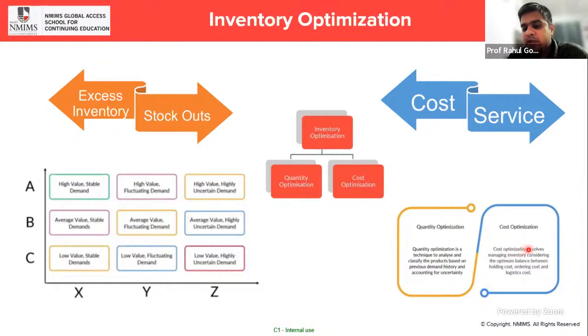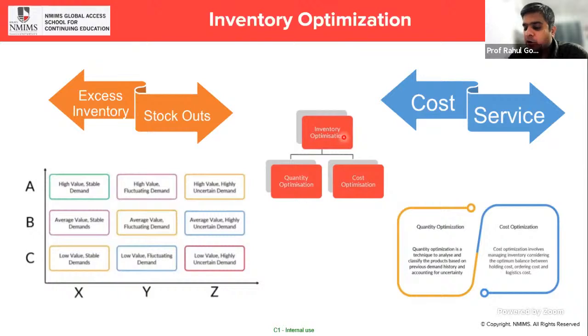Cost optimization takes into account the cost element. Quantity optimization will only take into account your demand and supply variability and the service factor involved, and cost optimization will take into account your ordering cost, your holding cost, and other associated costs. These are two different types of problem statements dealt with by inventory managers and inventory analysts.